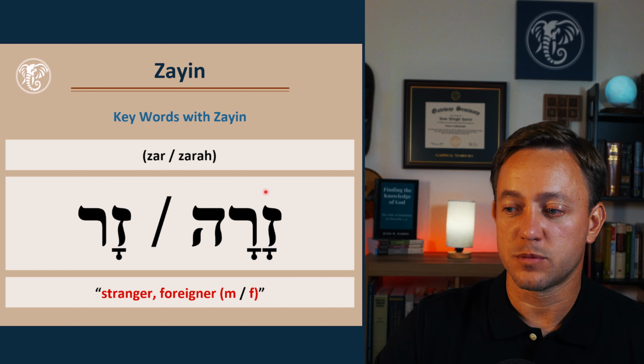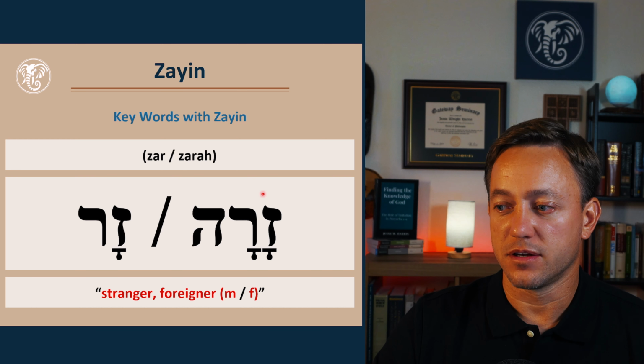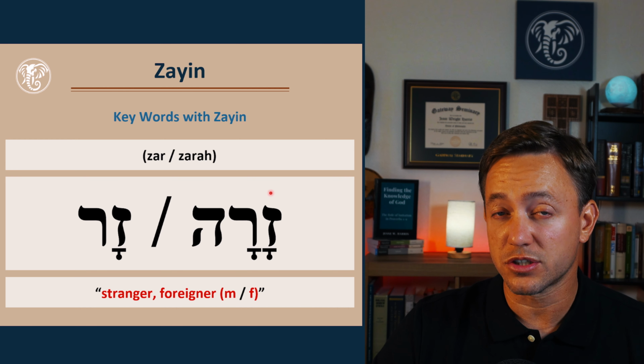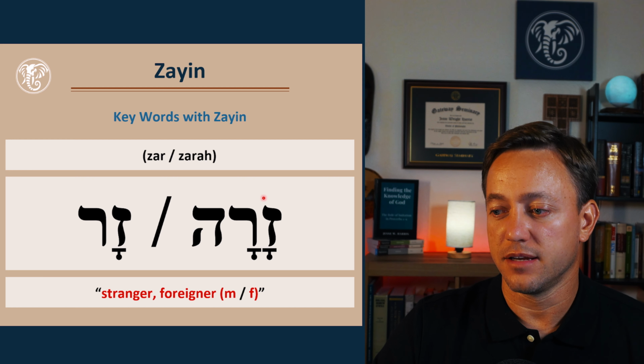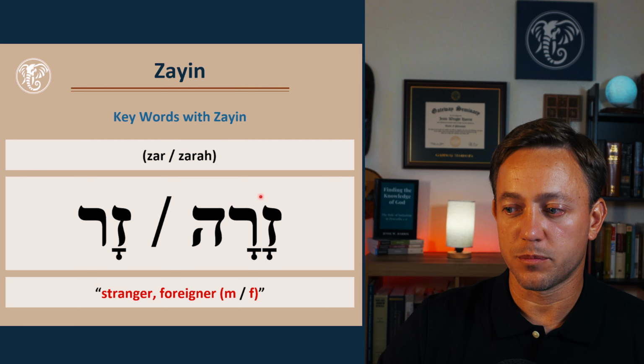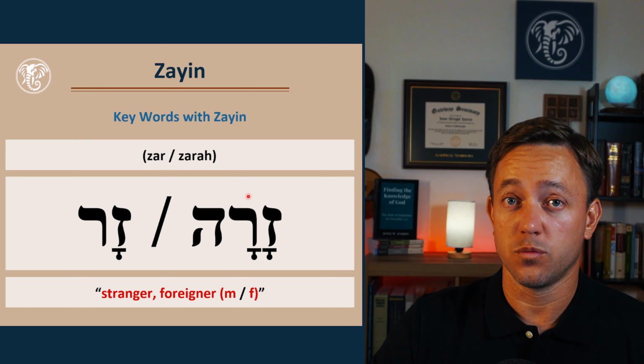Another interesting and important one is this word zar, or often found as zara, especially in the book of Proverbs. If you remember, the strange or foreign woman, sometimes called the adulterous woman, is contrasted with woman wisdom.